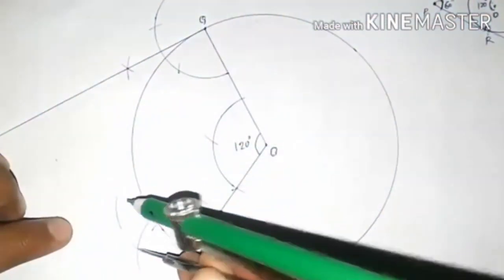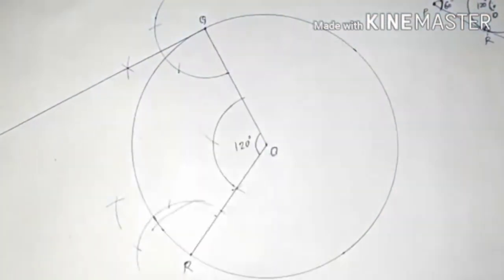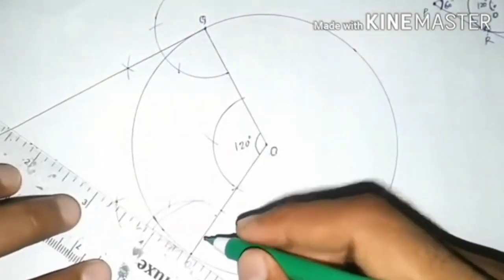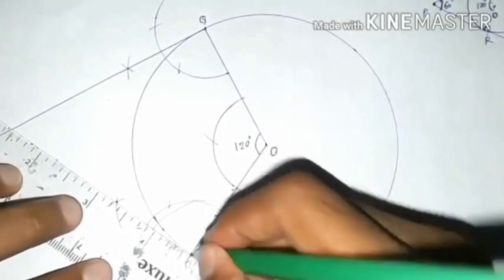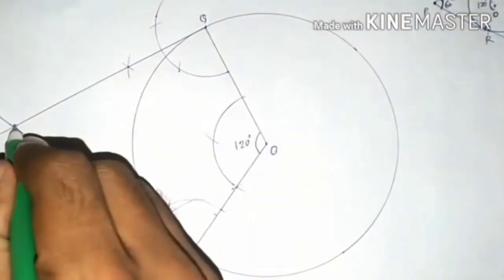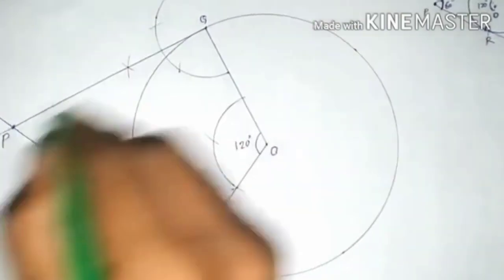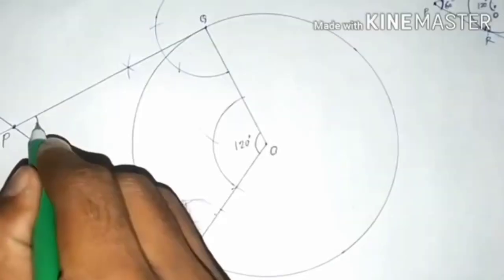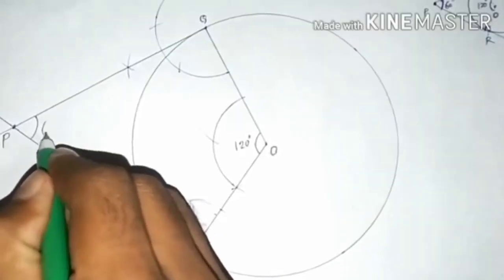Then again bisect that particular arc. By using the same radius you can bisect it, and join the point of intersection of that arc and the point R on the circumference, and extend. So from Q and R the tangents are there and they meet at the point P. At P we have already calculated that the angle is 60 degrees.